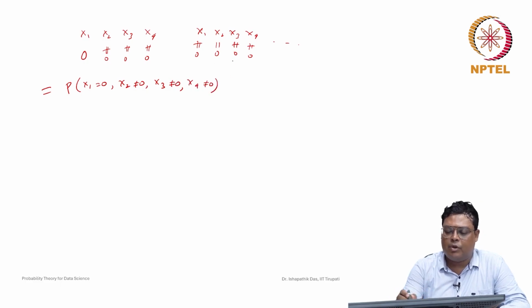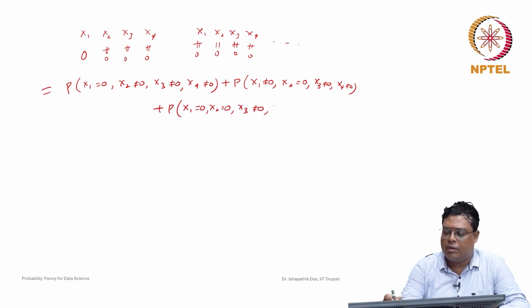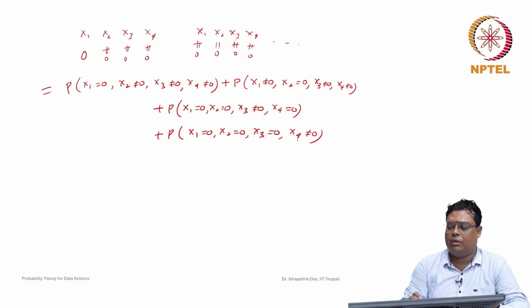And then, because they are mutually exclusive events, we can write plus x1 not equal to 0, x2 equal to 0, x3 not equal to 0, x4 not equal to 0, plus probability that x1 is equal to 0, x2 is equal to 0, x3 not equal to 0, and x4 is equal to 0, plus probability that x1 is equal to 0, x2 is equal to 0, x3 is equal to 0, and x4 not equal to 0. So these are the 4 possibilities we are adding, because they are mutually exclusive. By assumption 3, they can be added.